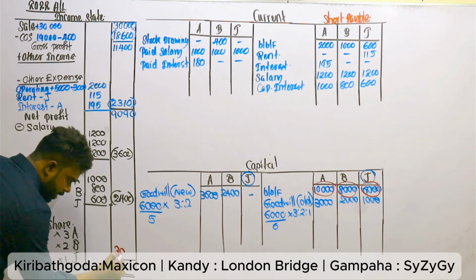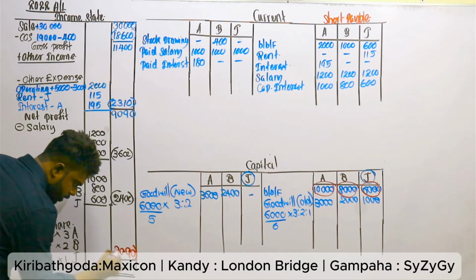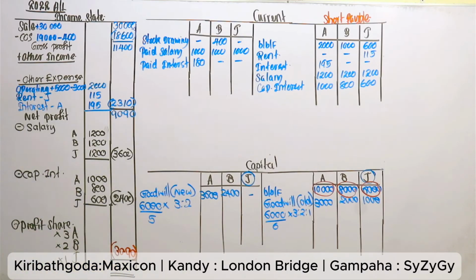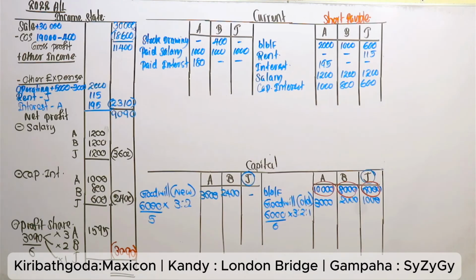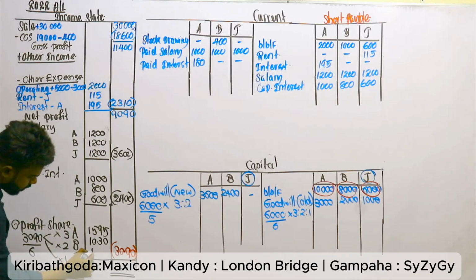Someone please tell me and confirm. 3090, right? 3090 divided by 3 to 1, that means 6. Divide by 6 times 3. Profit shares, tell me. Here 1595, 1030, 515.